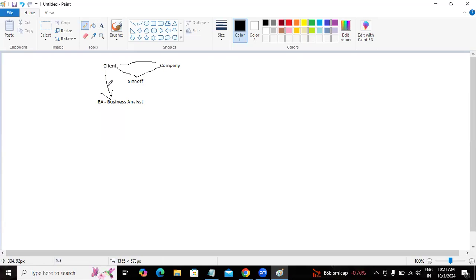After that, the BA team shares the requirements with the developers and the testers. Developers write the development, and the testers prepare the test cases. Whenever the development is completed, the developers deploy the application into the testing environment.